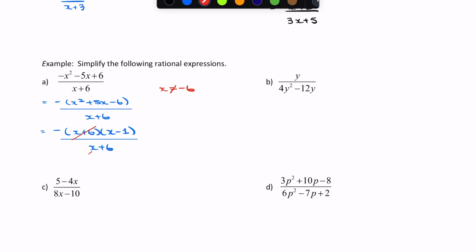Here we can cancel out the x plus 6. We'll be left with negative x minus 1, or if we expand that in, you get negative x plus 1.